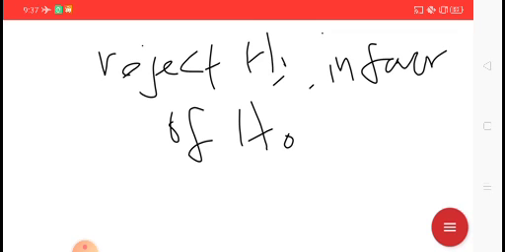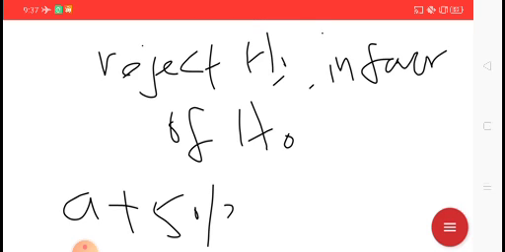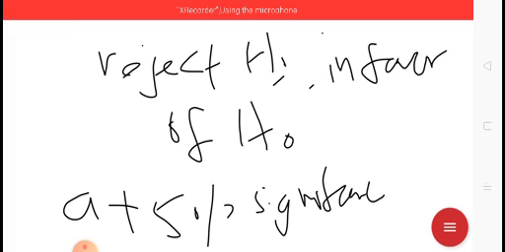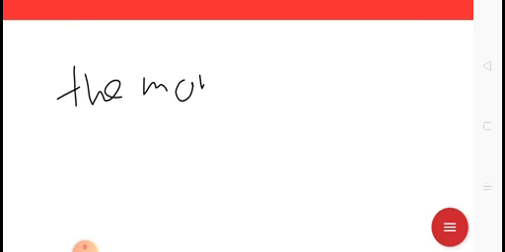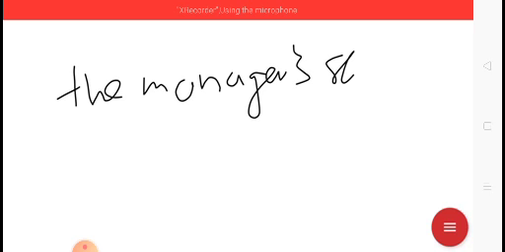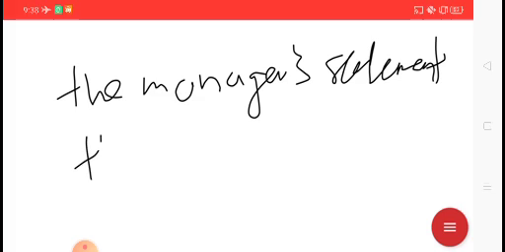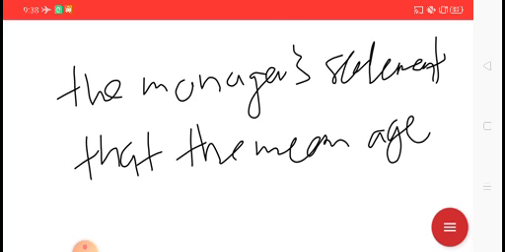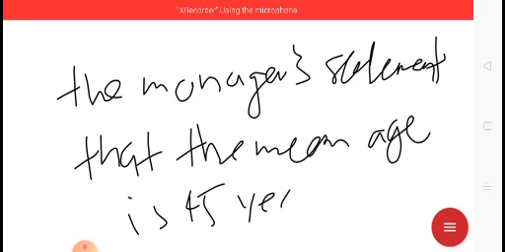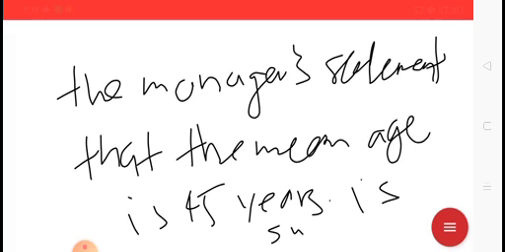Once you have this, you can state your statement. In favor of H0 means, at a 5% significance level, the manager's statement that the mean age is 45 years is supported.